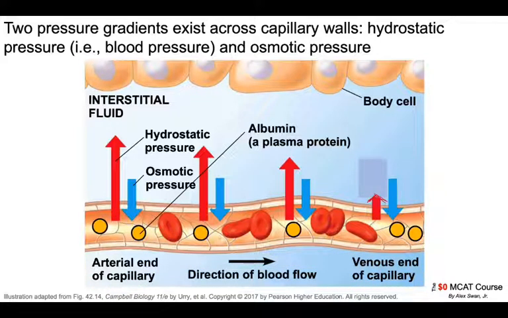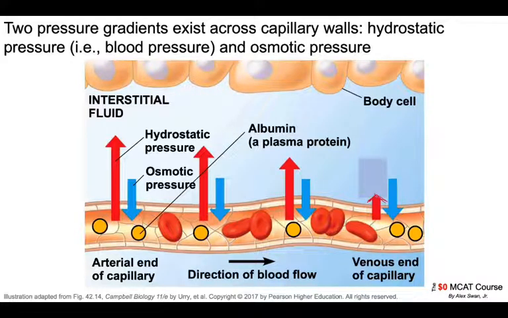So let me point out something else in this figure, which is obviously the osmotic pressure. We see that there is another force of pressure that counteracts this hydrostatic pressure force, and this is osmotic pressure. And we can see that it remains relatively constant as we move from the arterial end to the venous end. In fact, it's not just relatively constant, it is constant.